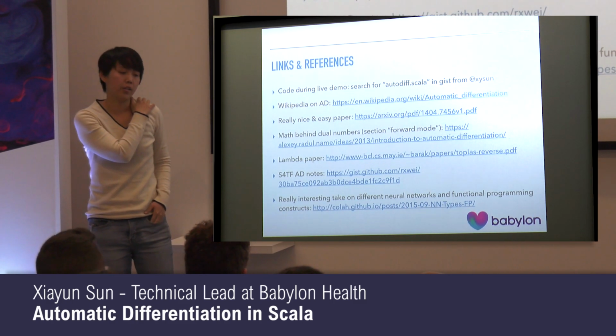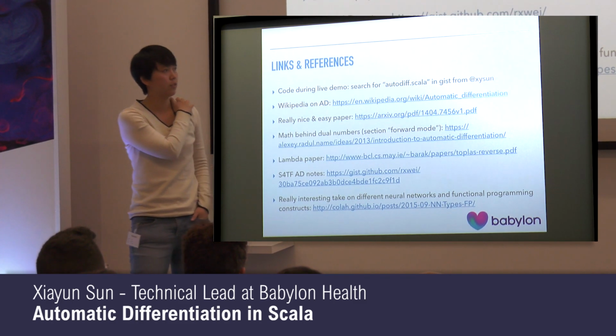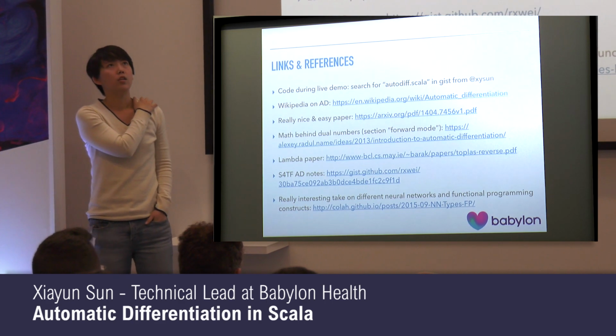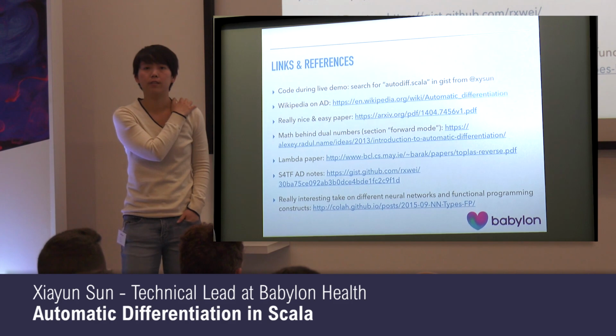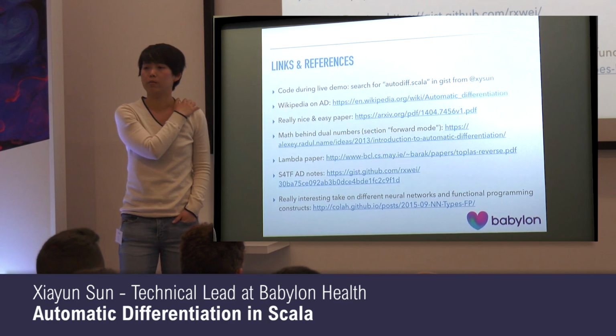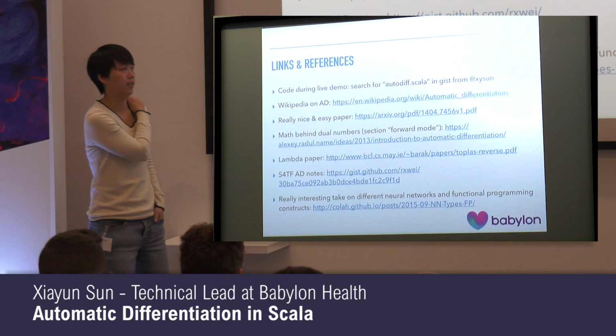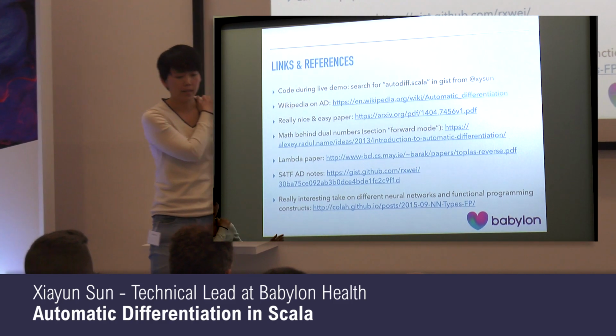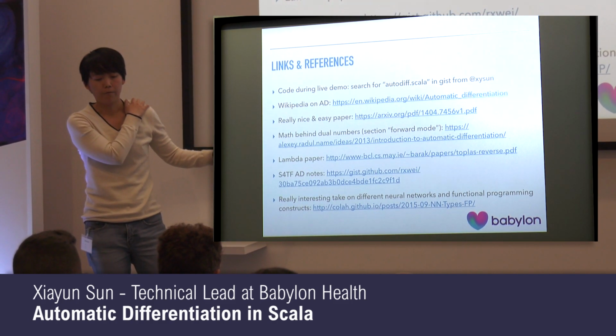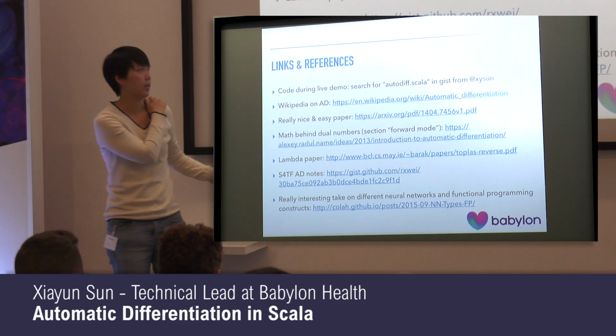It is basically arguing that different types of neural networks these days almost correspond exactly to different schemes in functional programming. So it is a very interesting read. It's slightly outdated, but it covers a few mainstream network types.